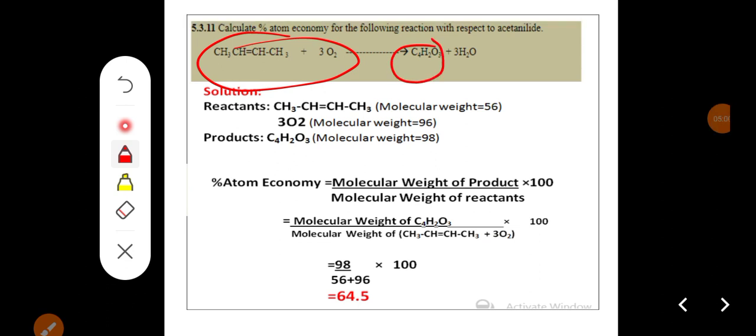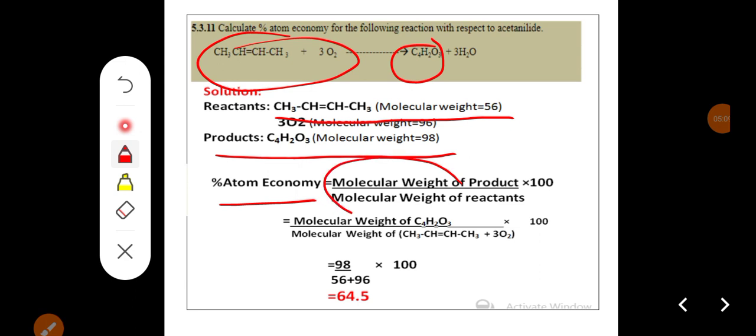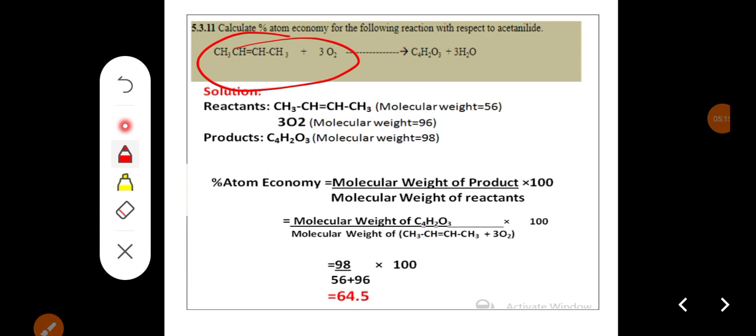As per the formula, calculate the molecular weight of reactants, calculate the molecular weight of the product, and put them in the formula of atom economy: molecular weight of product upon molecular weight of reactants multiplied by 100. So keep the molecular weight of product, which is 98, and the molecular weights of both the reactants, 56 and 96 as per calculation. Put the values and get the value of atom economy.